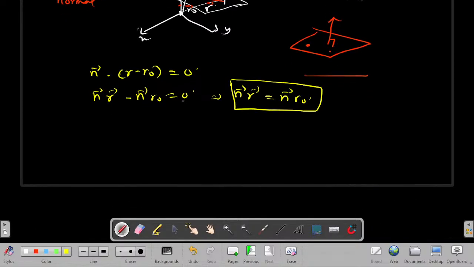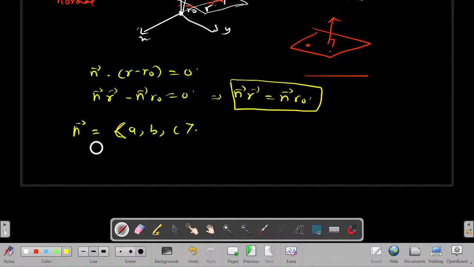Now, let's derive the rectangular equation. Remember that I said r is going to be x, y, z, and r naught is going to be x naught, y naught, z naught. My n is a normal vector which can be represented as any random a, b, c, which is similar to the direction numbers we had in the equations of a line. So a, b, and c are what you call direction numbers.